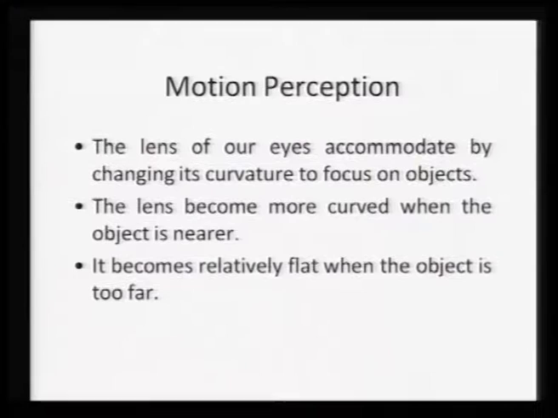In order to accommodate, the lens of our eyes changes its curvature so that it can focus on the object. The lens becomes more curved when the object is nearer, and of course, it becomes relatively flat when the object is far, and this is how our eyes accommodate depending on the distance of the object.